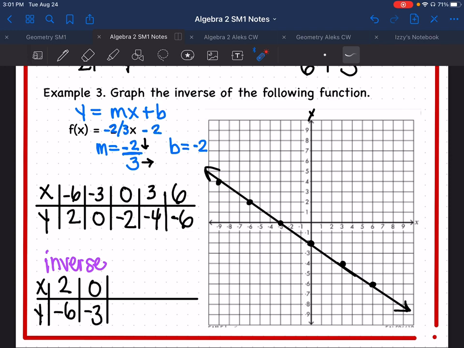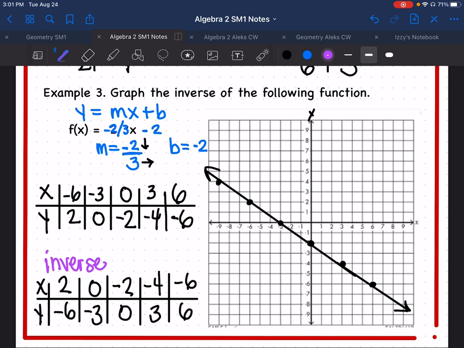I'm going to take my y-intercept here and switch it, -2, 0. I'm going to take my point here and switch it, -4, 3. And I'm going to switch the last one, -6, 6.